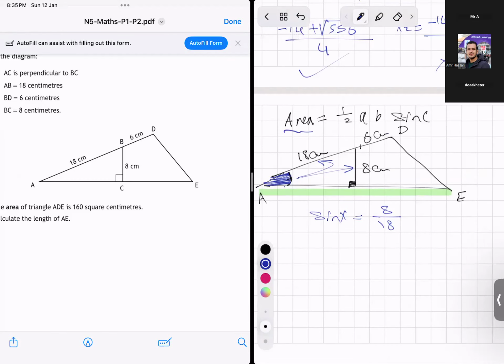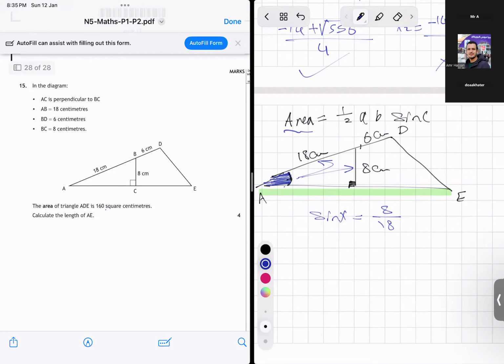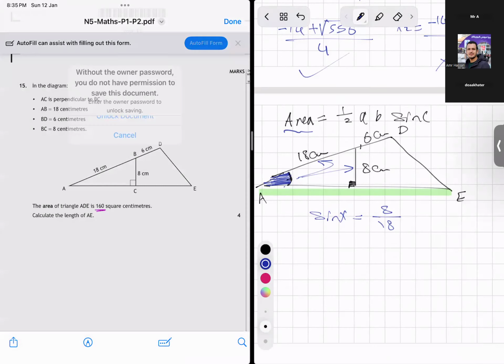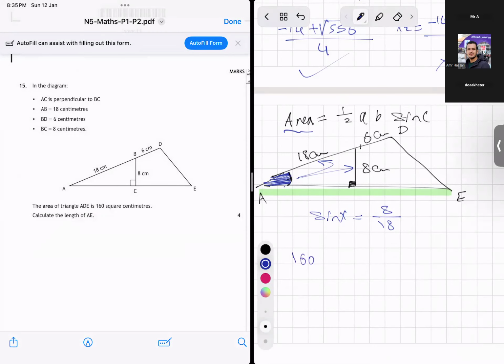The area has been given already: 160, right? Mm-hmm. So let me write it. The 160 equals half multiplied by the first side, which is going to be AD, times the second side AE, times sine of the angle between them, sine A, right?